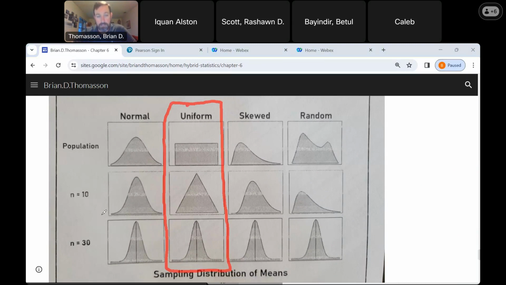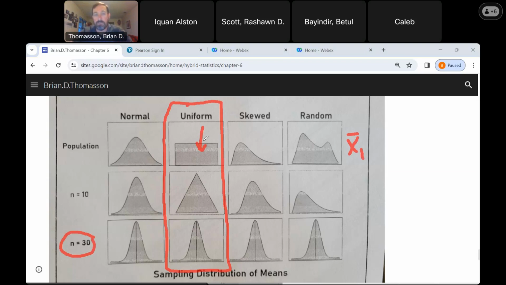Say we're sampling of size 30. So what that means is we're taking this first distribution, this uniform distribution, and we're selecting 30 values out of that uniform distribution. So we find those 30 values, and we find the mean of those 30 values. Okay, so we find the mean of the first sample, and whatever that comes out to be, we have a mean.